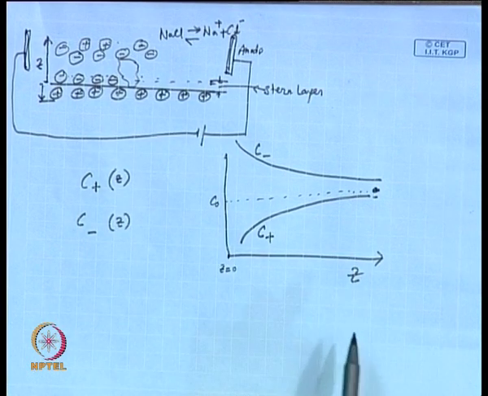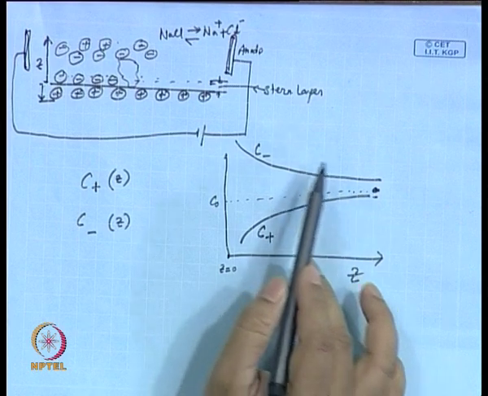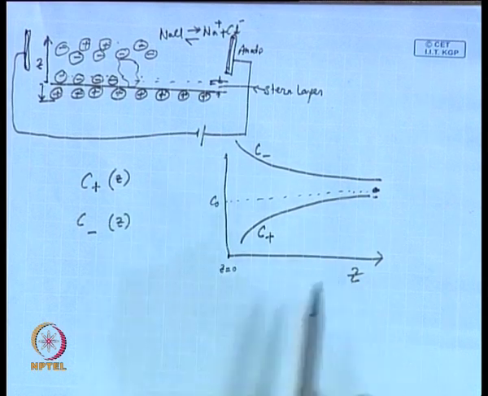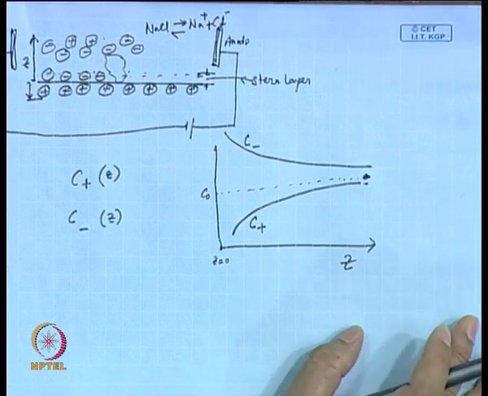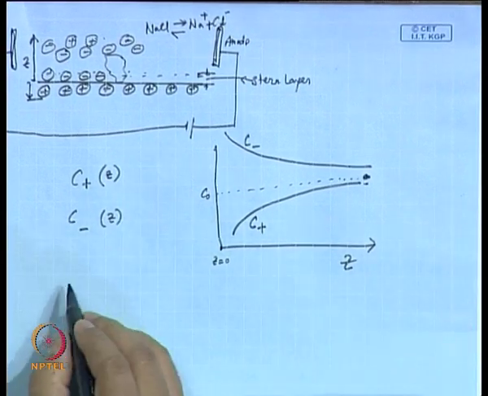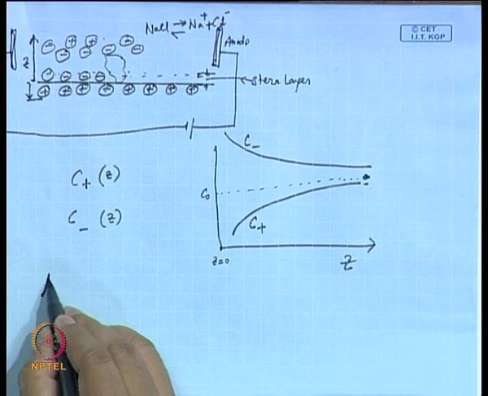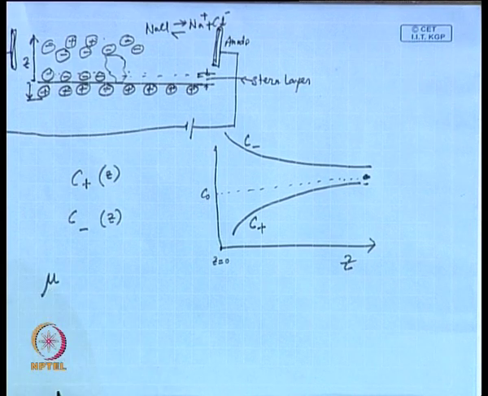C plus is equal to something e to the power minus Z, etc. So, we have to come up with some kind of functional form, and for that I need to understand what the governing equations are. So, we have to get into the governing equation and boundary condition, so that we can give a functional form to this concentration profile. Now, here I must mention that we have to resort to this term called chemical potential, which we will be defining as mu.